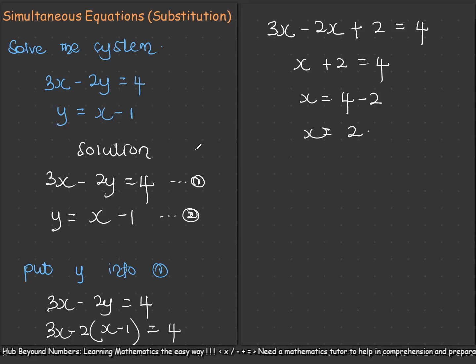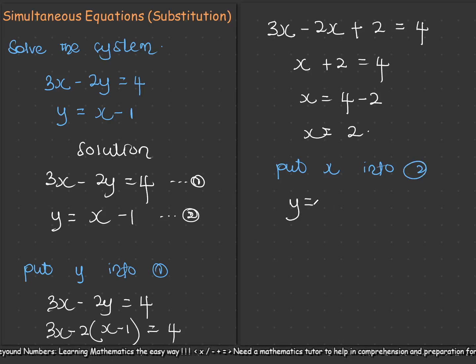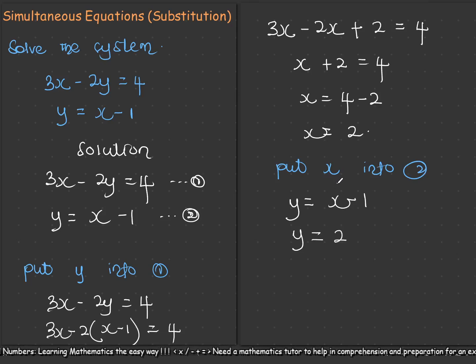Putting it in this is very simple. So we say put your x into equation 2. Equation 2 says y is equal to x minus 1. So instead of the x, we put 2, that is x being 2.